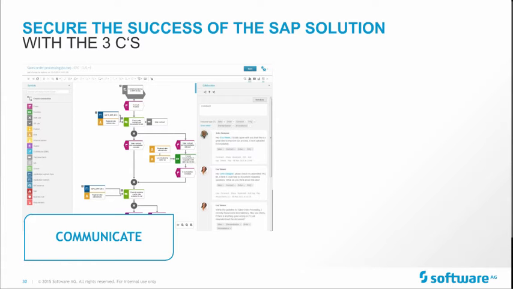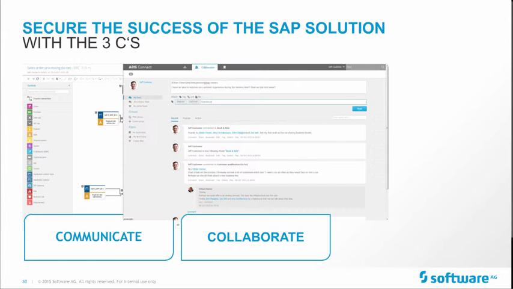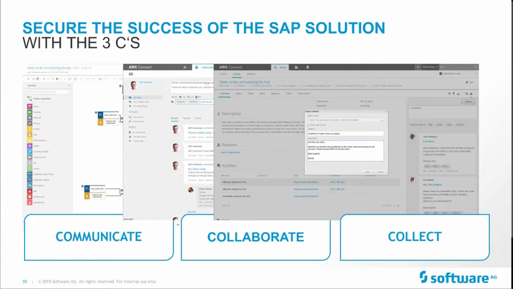Here we have the example with a business process, but also making sure that collaboration is working. Here you see a collaboration stream, so you have different persons discussing a specific process and maybe having some new ideas.